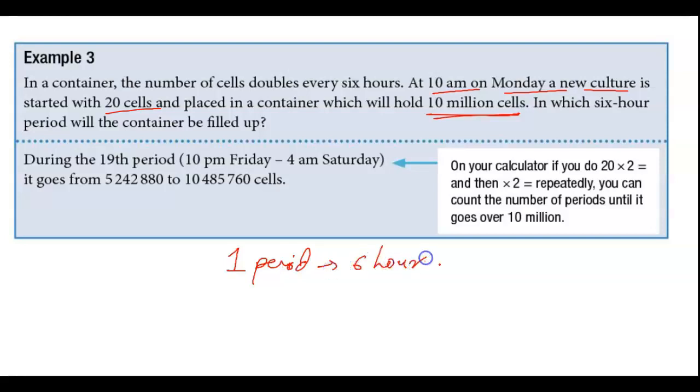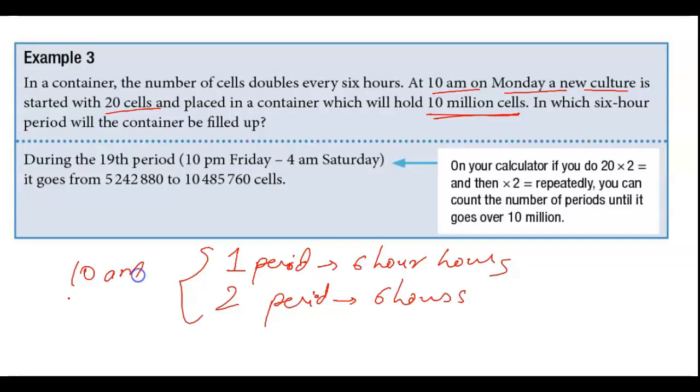The second period is the next 6 hours. We are starting from 10 a.m. Monday. The container has the capacity of 10 million cells.